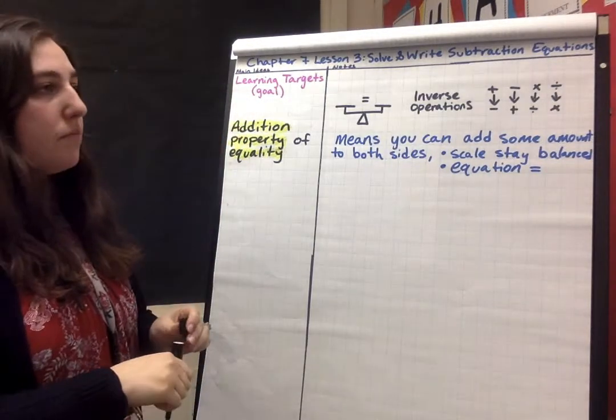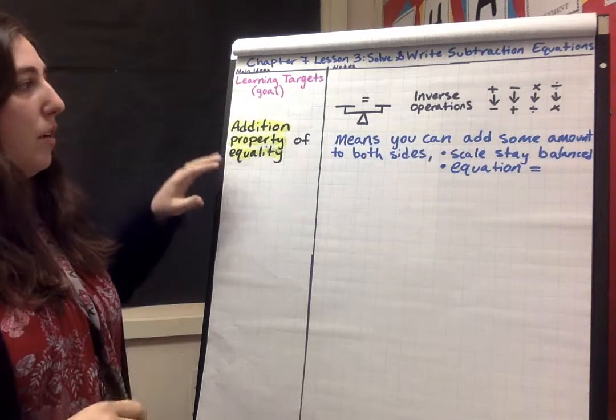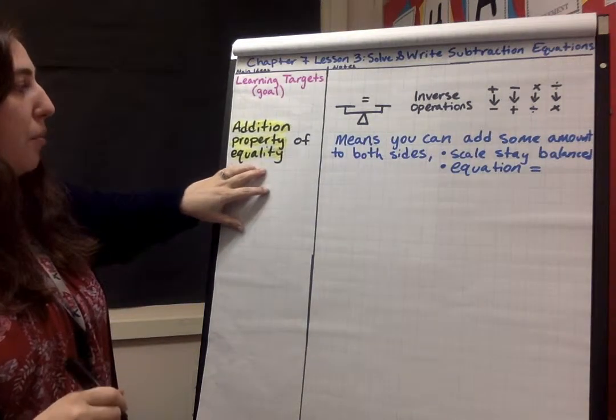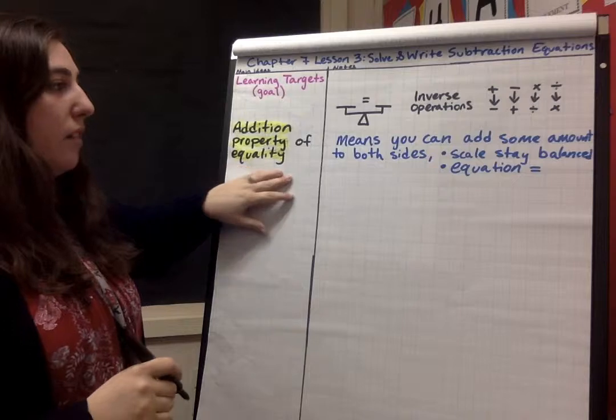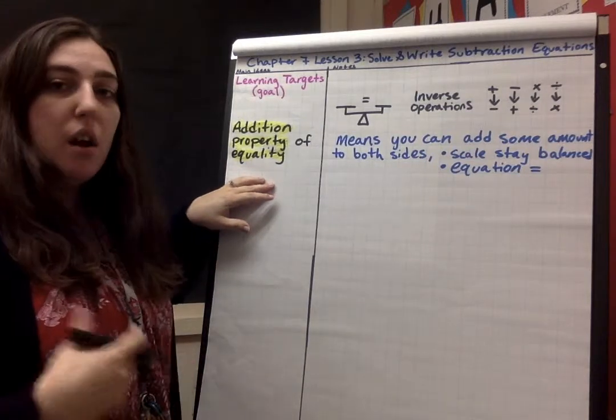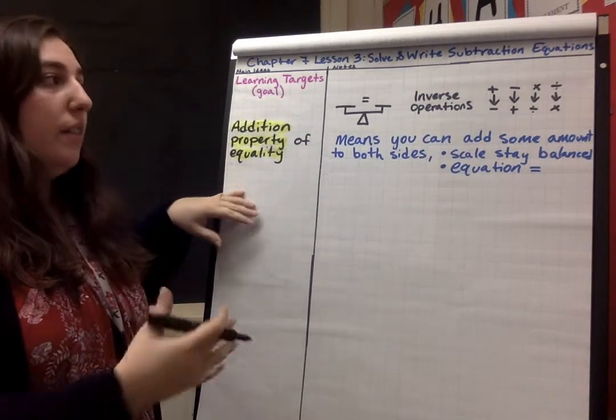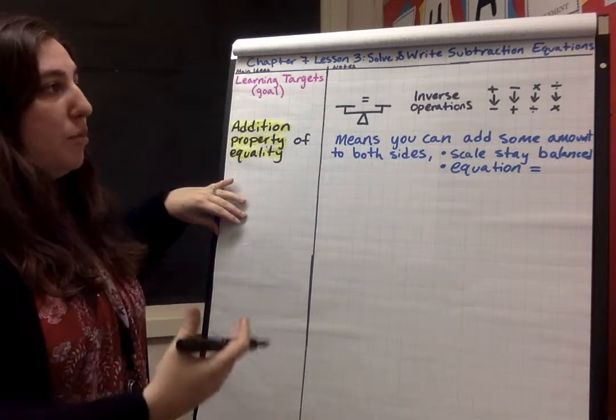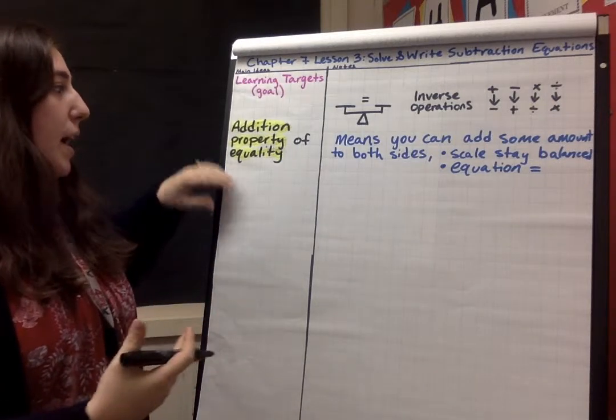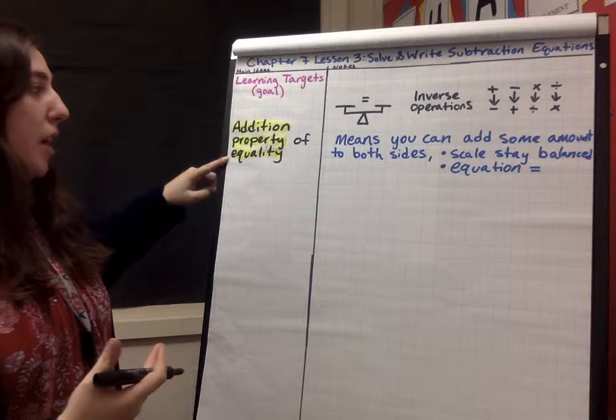So now that we understand the addition property of equality, okay, this is part of our learning target. Our learning target was I can solve subtraction equations by using the addition property of equality.